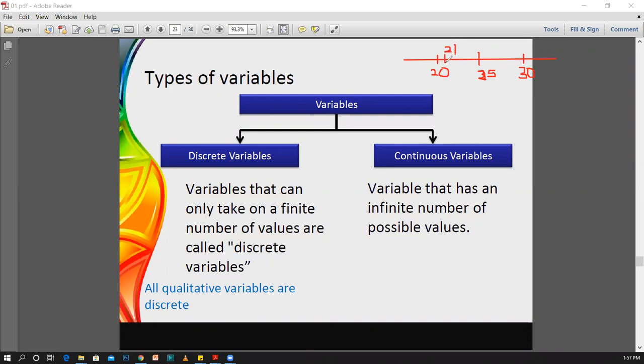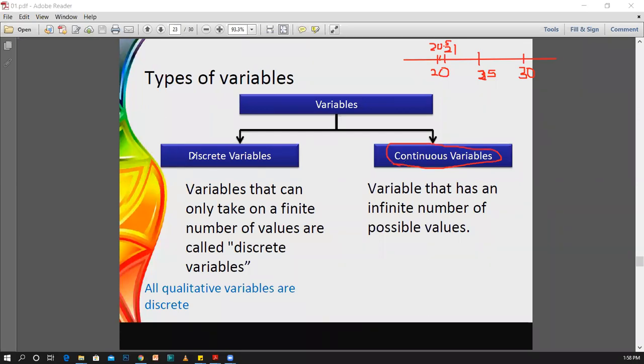In between 20 and 21, you may have 20.5. Therefore, in between any two values there would be infinitely many, because in between 20 and 20.5 you can divide this very small part into millions of parts. Actually, it's not millions, it is infinitely many. Therefore, variables that have an infinite number of possible values are said to be continuous variables.